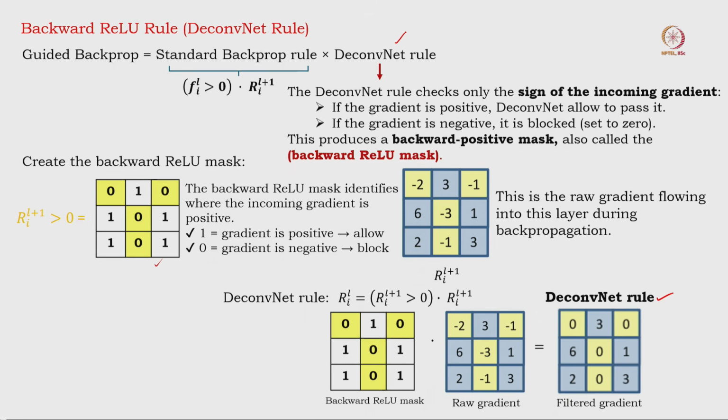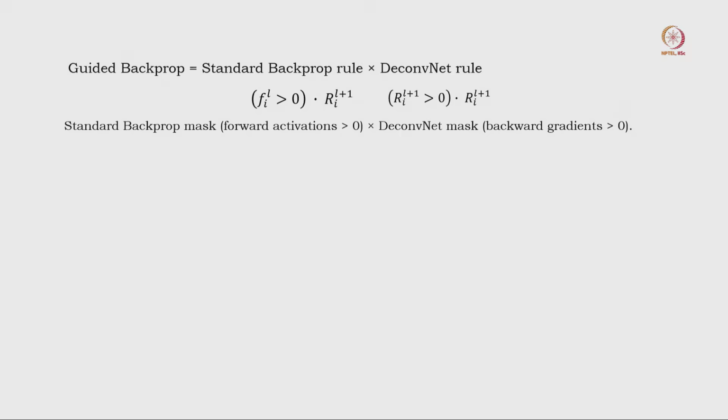The next step is combining the standard backpropagation rule and the deconvnet rule. We have seen these separately.